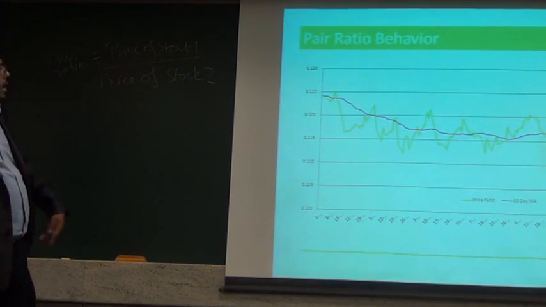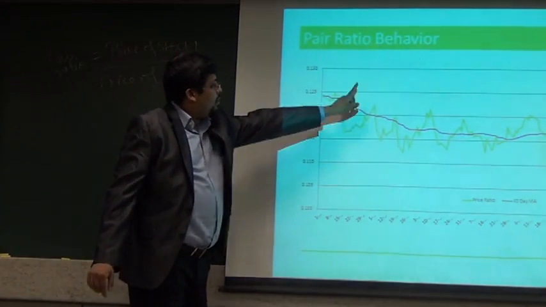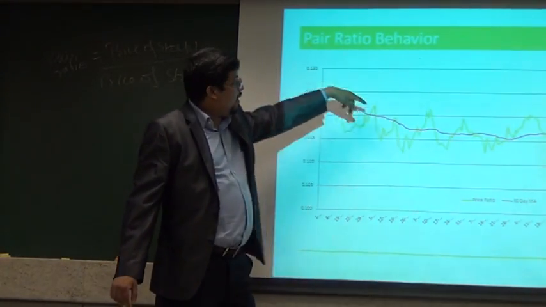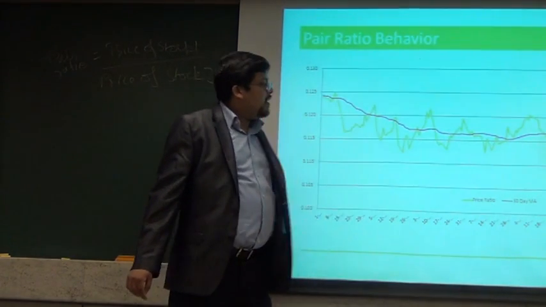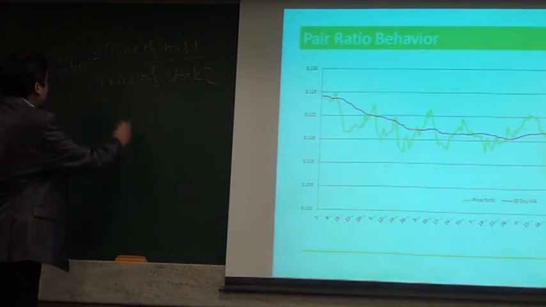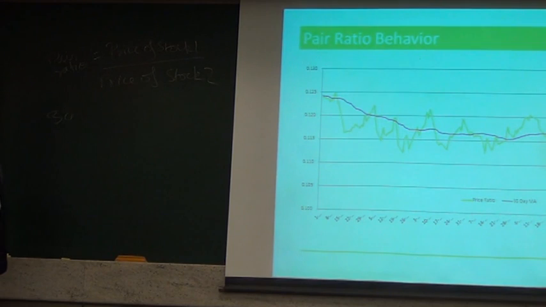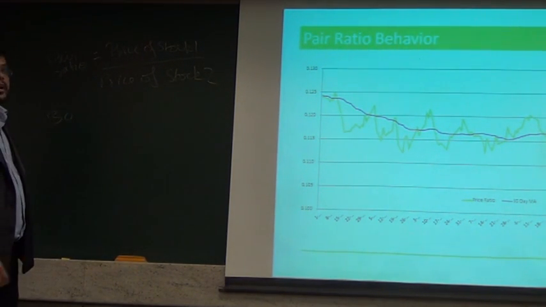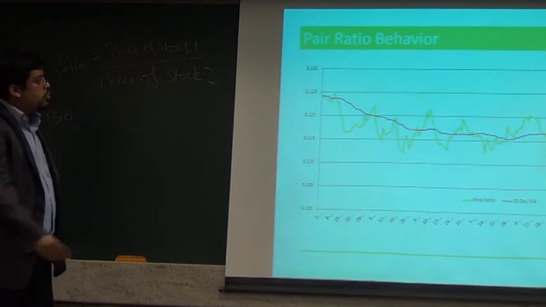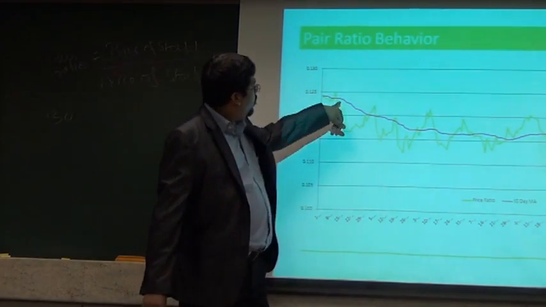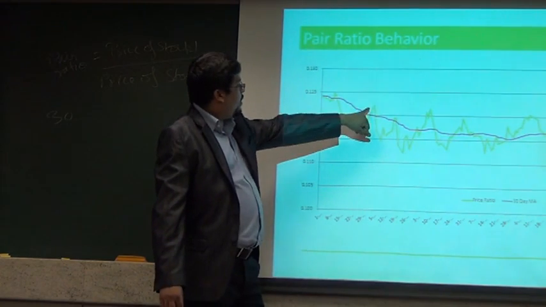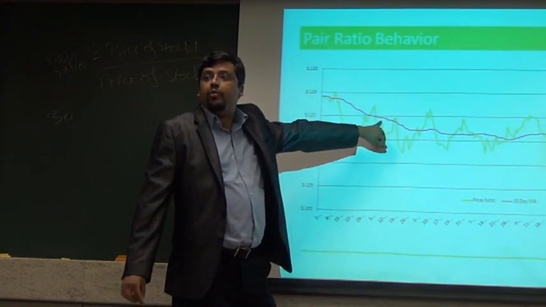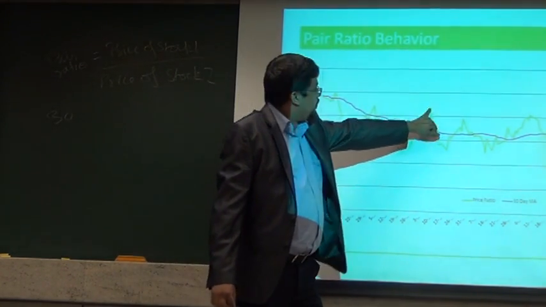So what I did is, I first plotted the ratio of the price, and with the price ratio, I have calculated the 30 DMA. What is 30 DMA? Guys know 30 DMA? That's a 30-day moving average for the pair ratio. Okay, so what I am trying to see now, if you look at this pair ratio, it has a tendency to revert back to the mean, right?